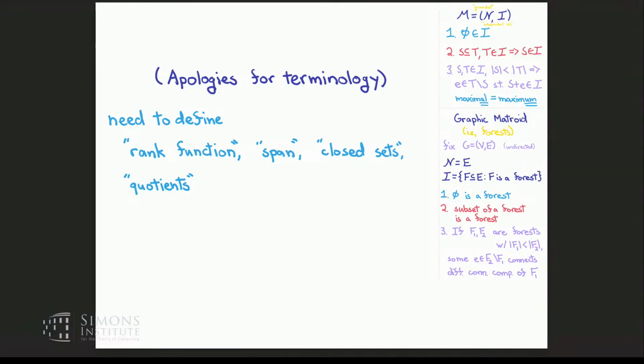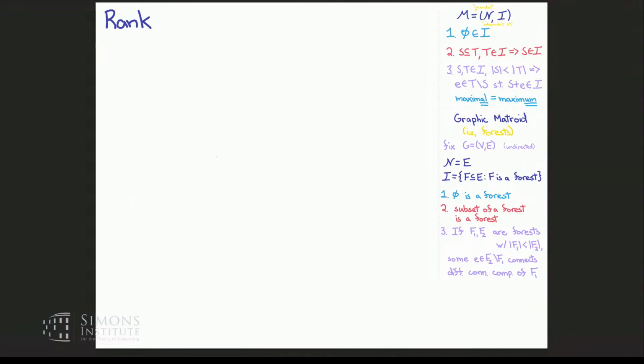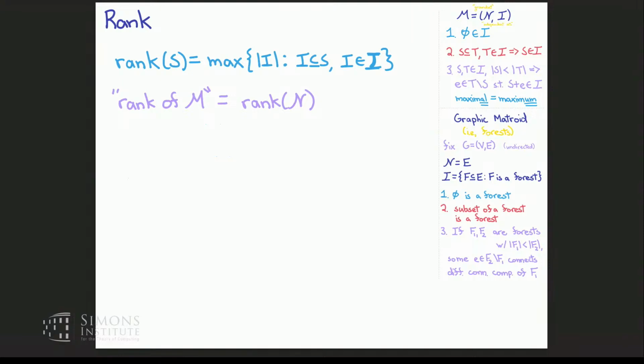All right, so let me explain this notion of rank. So the rank of a set S is in general the maximum cardinality of any independent set of S. So you give me a bunch of edges and ask, what's the size of the spanning forest of these edges? And we sometimes refer to the rank of a Matroid as the rank of just everything.